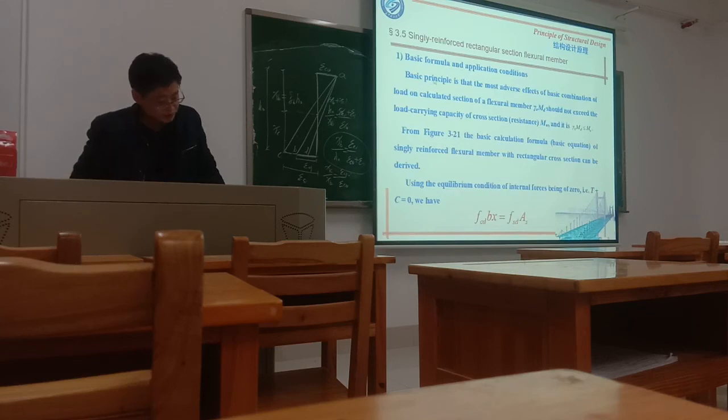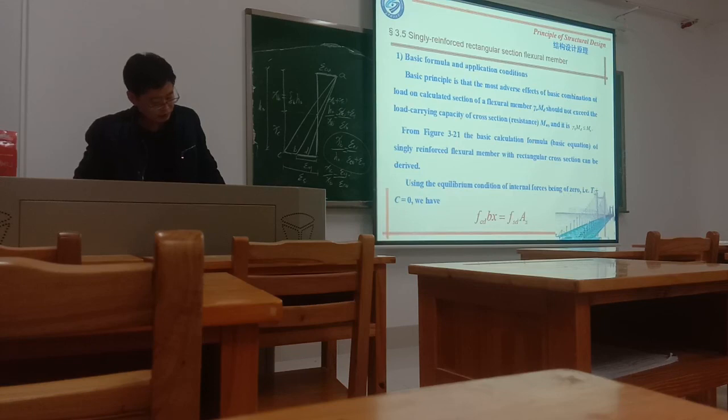So the basic principle is that the most adverse effect of the basic combination of load on the calculated section of the flexural member should not exceed the load-bearing capacity. So this is the design. For the figure, the basic calculation formula for the singly reinforced flexural member with a rectangular cross-section can be derived using the equilibrium condition of the internal force being 0.